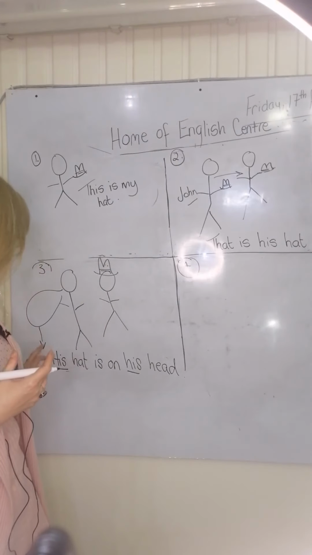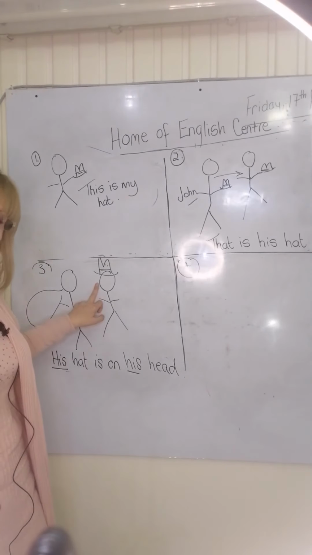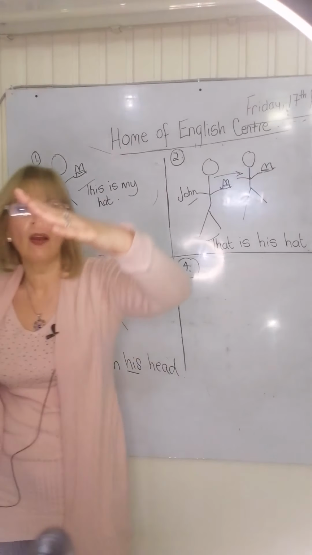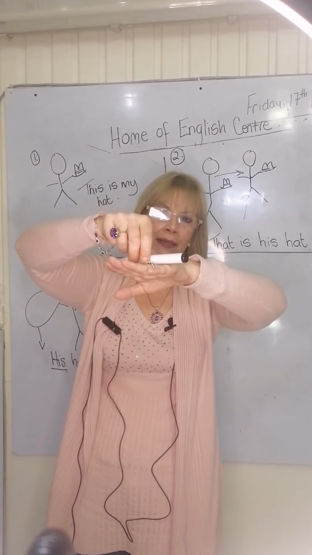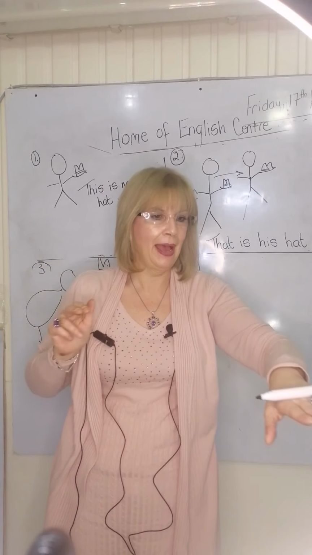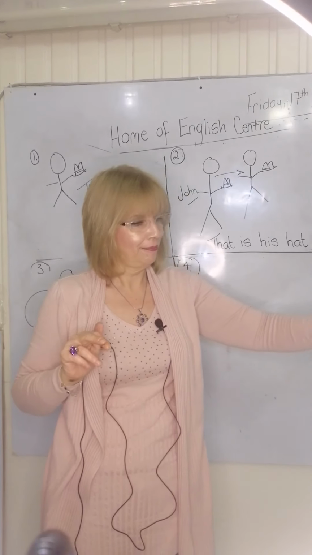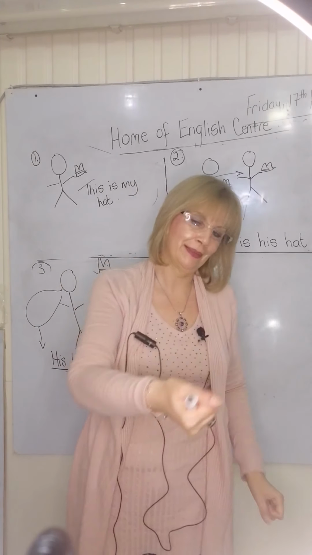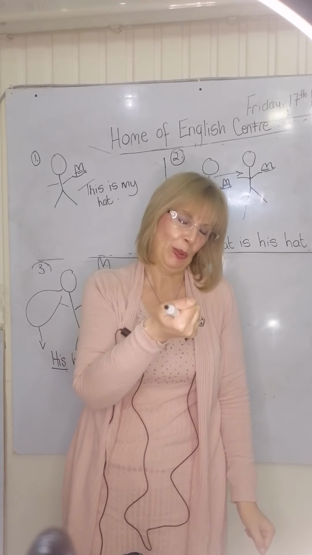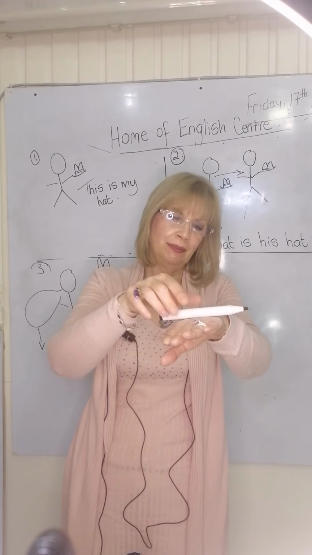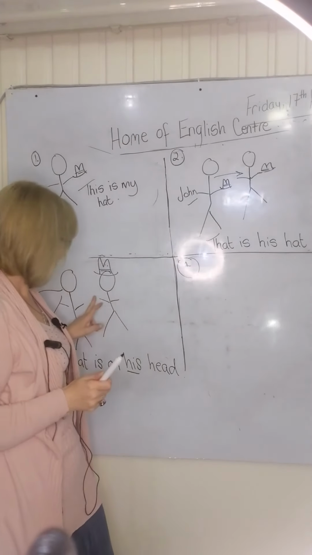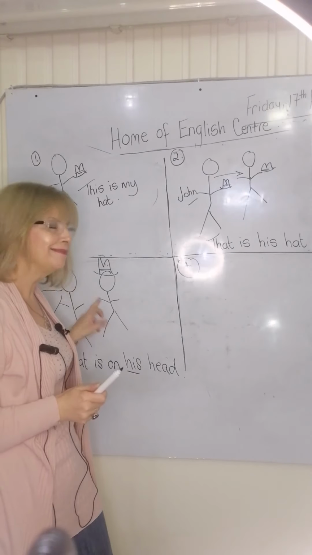So John is saying his hat is on, if you actually think, on, my pen is on my hand. My pen now is in my hand. Okay, so on, the hat is on his head. Okay?